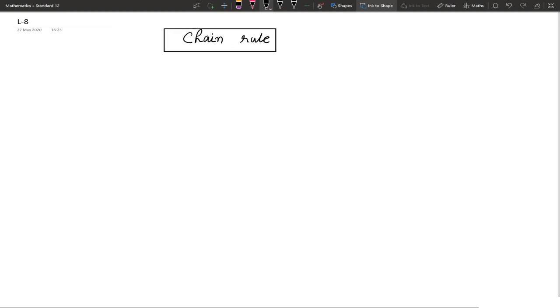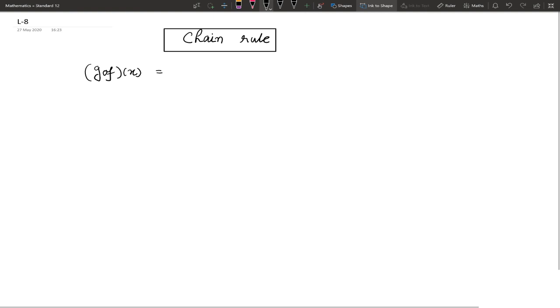If we have a composite function of f and g, g of f of x, it is a composition of two functions f and g.